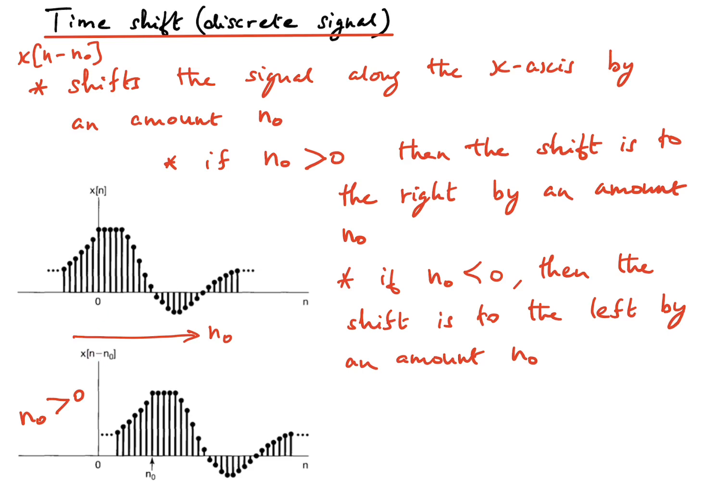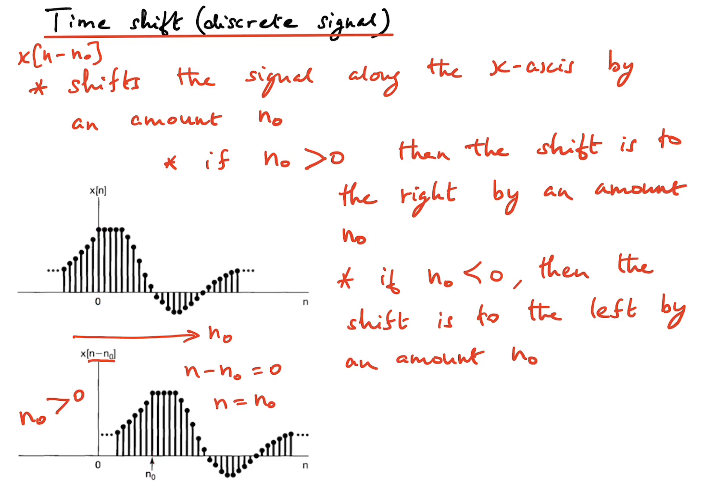So when you take this index n minus n naught and make it equal to 0, that means n becomes equal to n naught, right? So whatever is at the origin will go to n naught. So in this case, whatever is at 0 here has now come to n naught.